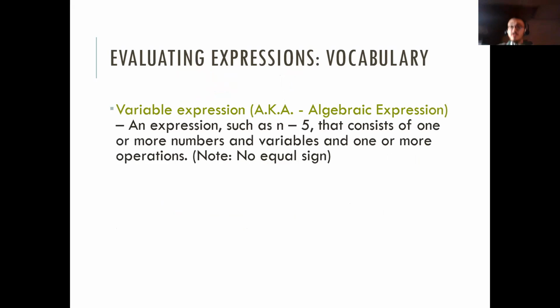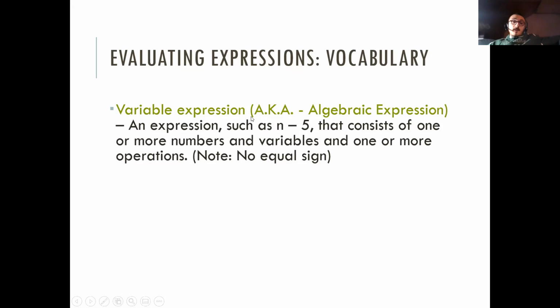So continuing on with the vocab, we have variable expressions, aka algebraic expressions. So an expression such as n minus 5 that consists of one or more numbers and variables and one or more operations. So if we look at the expression n minus 5, n is our variable, the subtraction sign is our operation, and we have a constant right here that is 5.